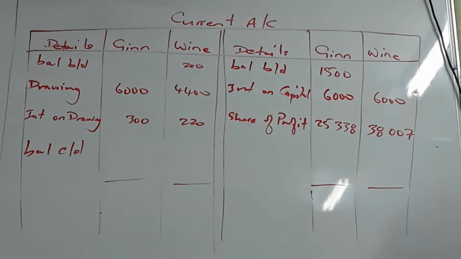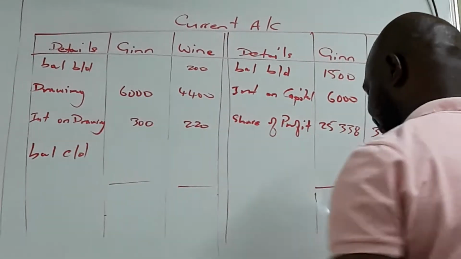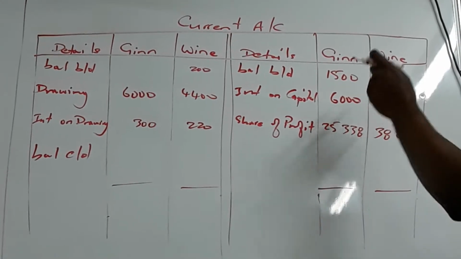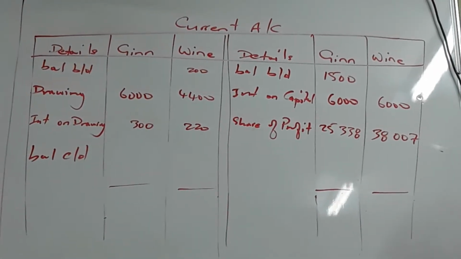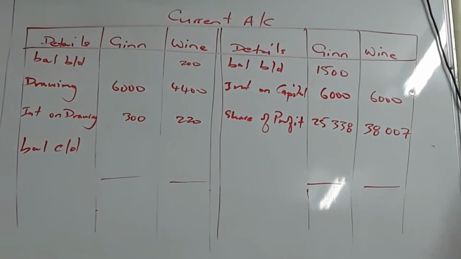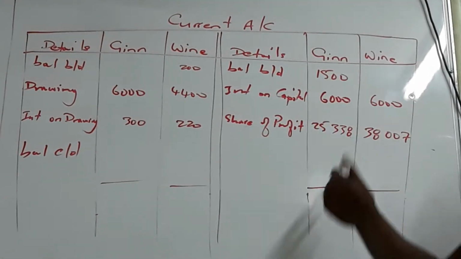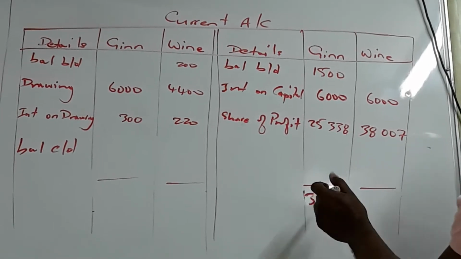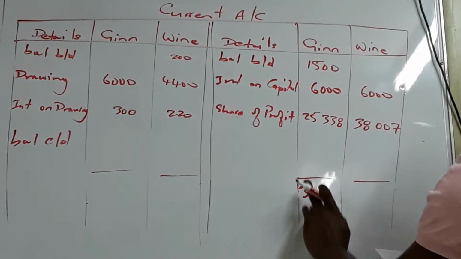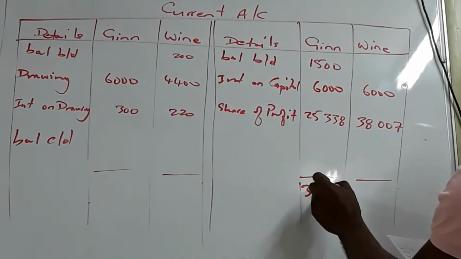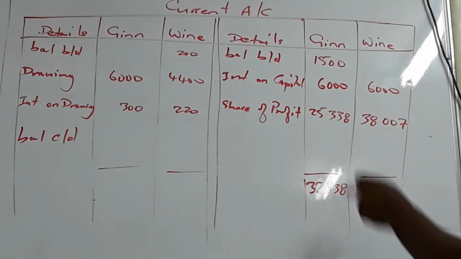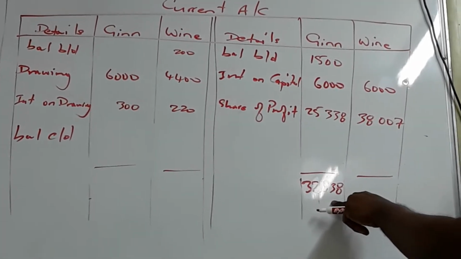The debit side for Gin adds up to 6,300, whereas the credit side, 15,000 plus 6,000 plus 25,338, gives you a total of 32,838. So the credit side is greater.